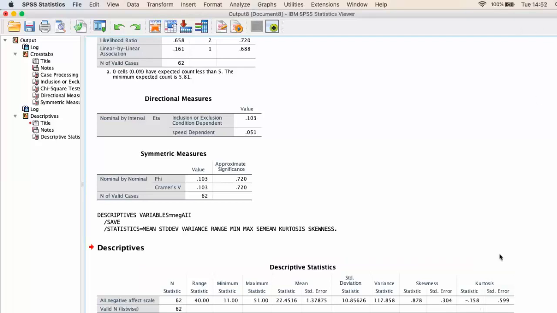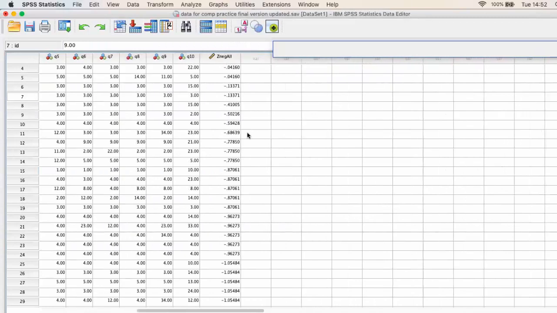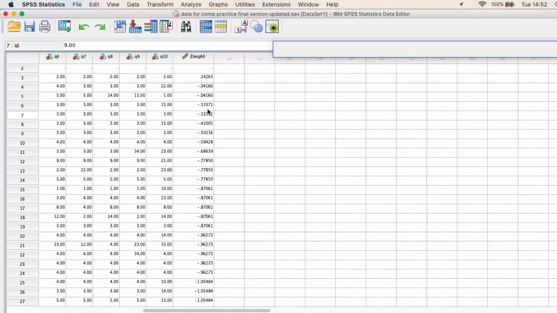The next thing that you can do is you can check for specific outliers, and you can get a graph if you do things slightly differently. Let's go back to the data. Oh wait, I skipped one thing.